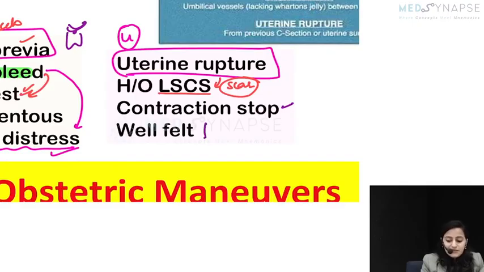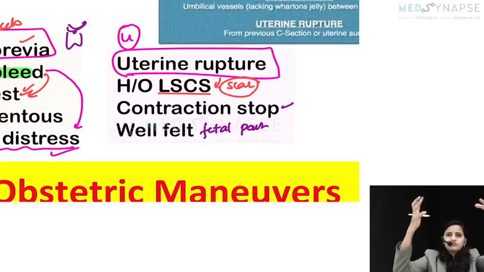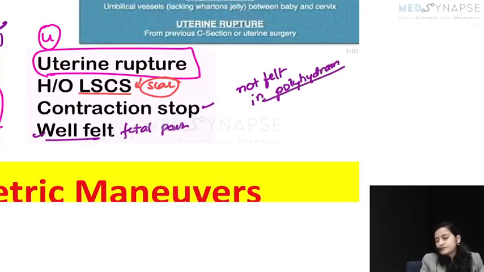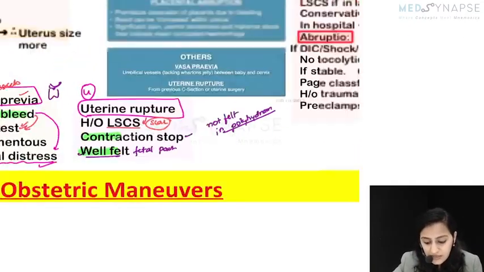The fetal parts are well felt or not felt? Because it has ruptured, the fetus has come out, so it is well felt. Why it is not well felt in polyhydramnios, which we saw. So well felt fetal parts, contractions stopped, previous LSCS is uterine rupture.